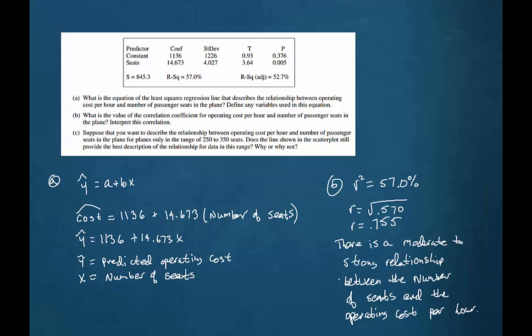Something else that we might mention in this analysis is that since r squared is 57.0%, we could say that 57% of the variation in operating cost per hour can be attributed to variation in the number of seats.